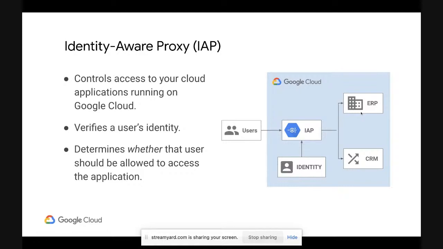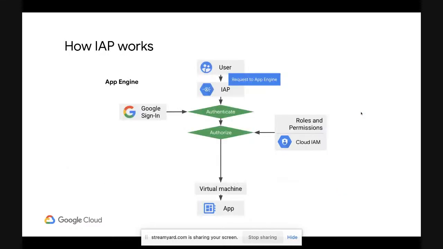You can call it a centralized authorization layer for your application that sits on Google Cloud. So it has application-level access control instead of using things like VPN or firewall rules. You set those application-level access controls on Cloud IAM.